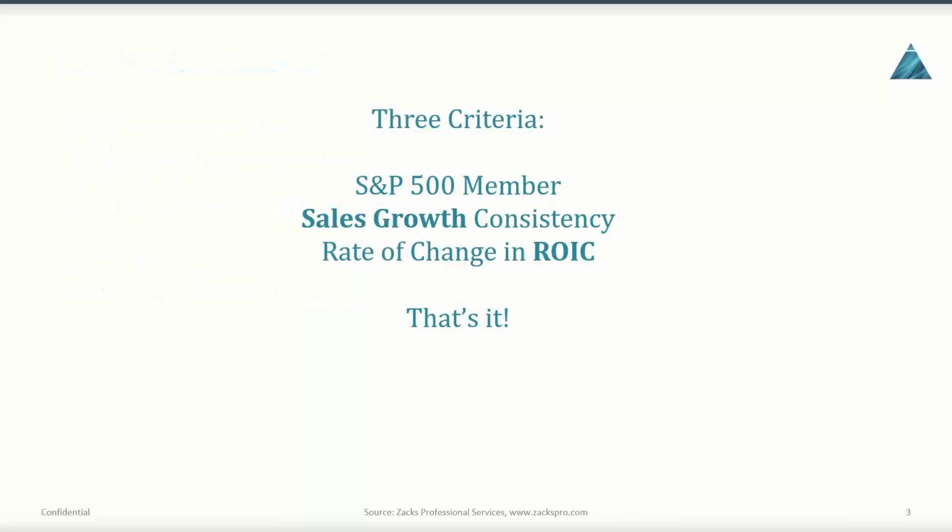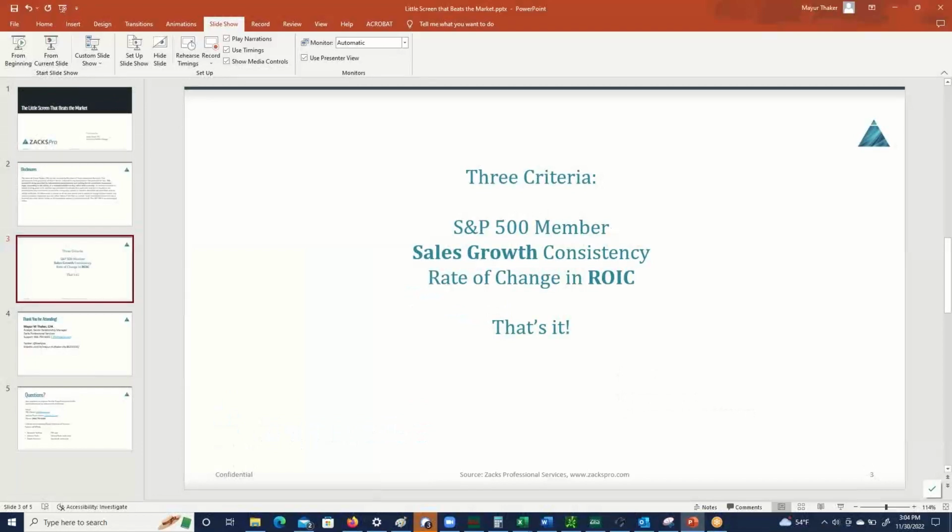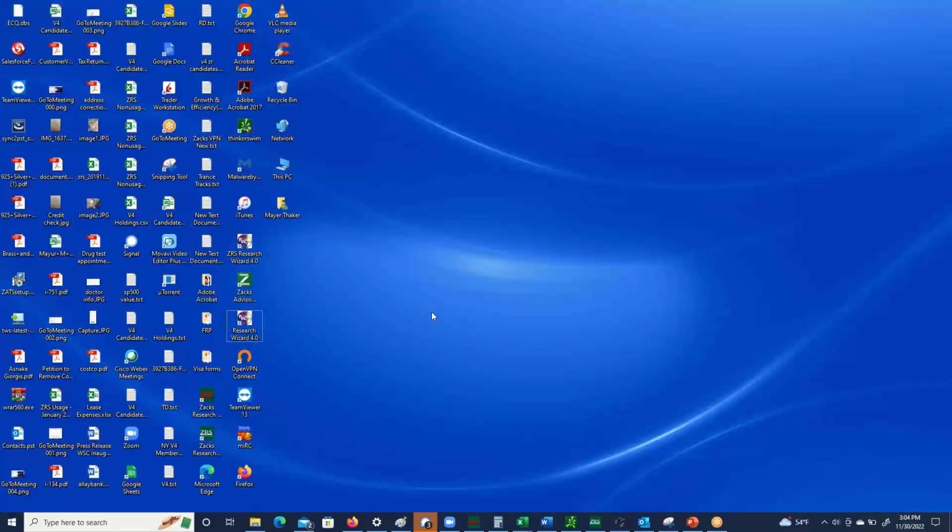But there's a little bit of a play here as to how we're doing it. So we're talking about sales growth consistency and ROIC rate of change. That's very important. So let's dive right into Research Wizard.